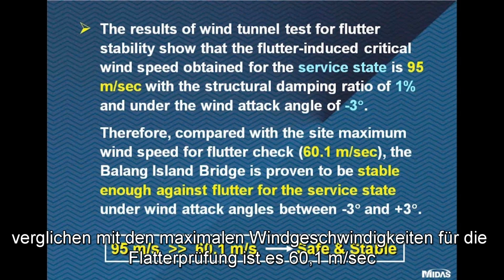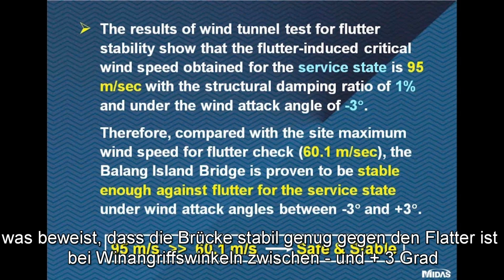Therefore, compared with the site maximum wind speed for flutter check, that is 60.1 meters per second, the Balang Island Bridge is proven to be stable enough against flutter for the surface state under wind attack angle between -3 degrees and +3 degrees.